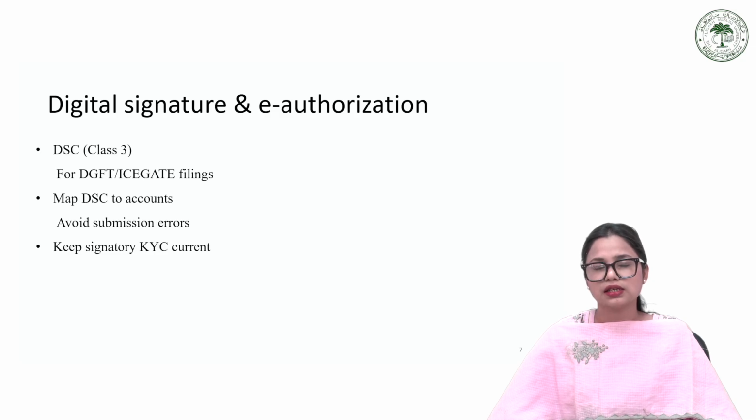In that case, only digital signature is allowed, and there also the specification should be class 3 token. It is mandatory for DGFT and ISGATE filings. Without a digital signature certificate of class 3, it would not take your application and your application will not be going ahead.